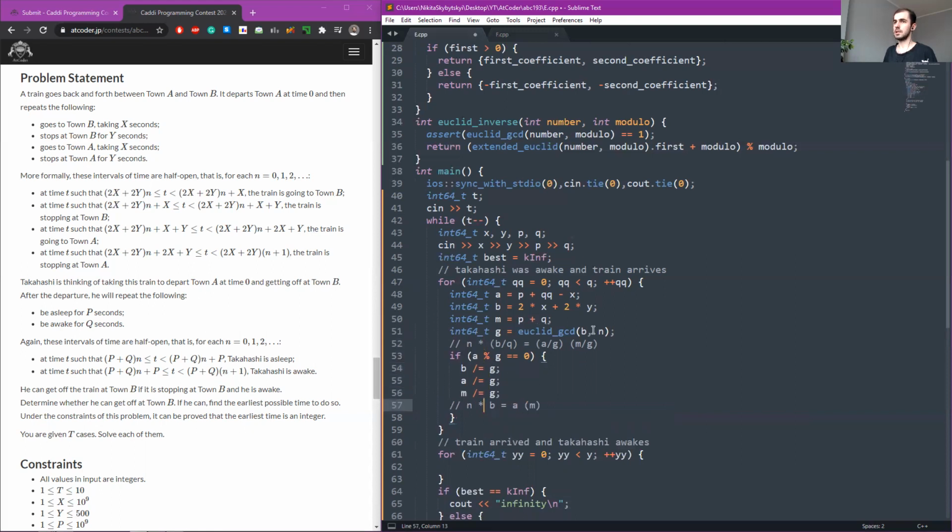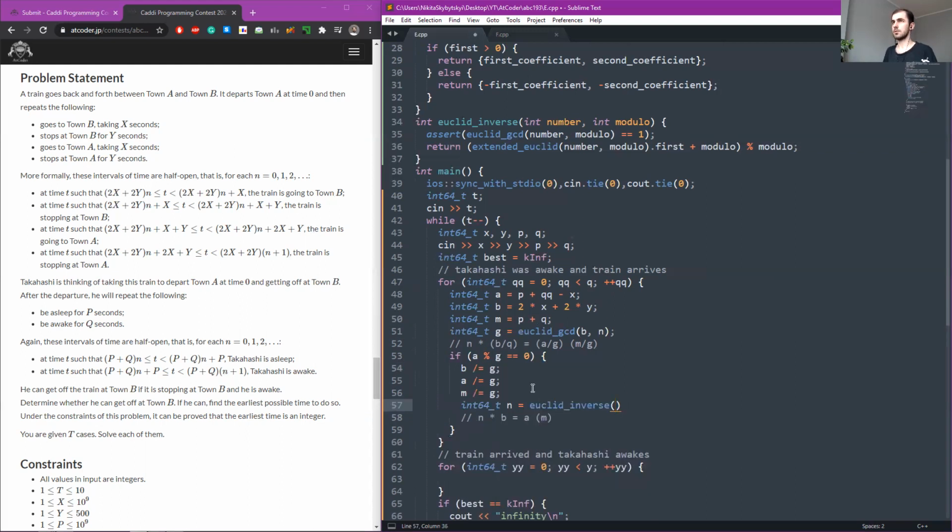At this point, we again are solving this equation. And what we can say is GCD now is clearly 1. Take your Euclidean inverse of b modulo m and multiply it with a, and we'll have again to take modulo m. Right?